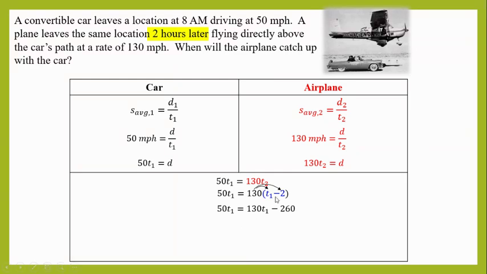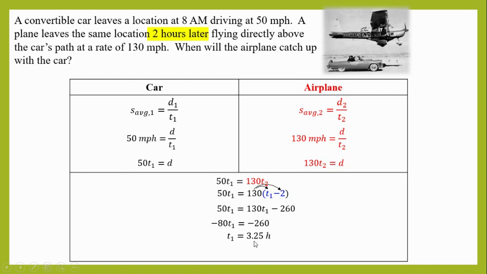So to combine like terms, I will move the 130 T1 to the left side of the equal sign, which will make it a negative 130 T1. So 50 minus 130 T1 will give you negative 80 T1. And on the right side, what remains after I've moved the 130 T1 is negative 260, which is carried down there in the next step. So from here, to solve for T1, simply divide both sides by negative 80, and you should get 3.25 hours.